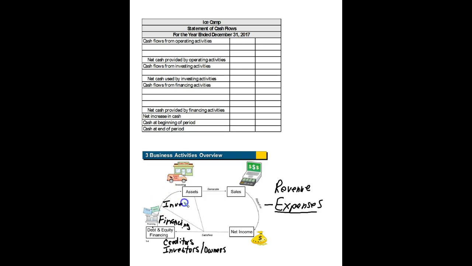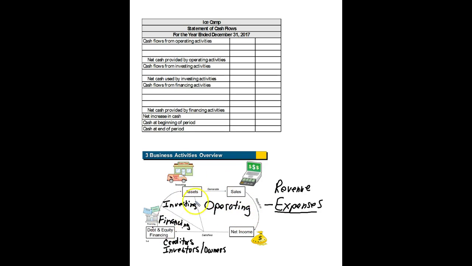So buying the assets is considered investing activity. But the core activity is over here, isn't it? It's selling the candy and incurring these expenses. The large activity of the business is in its operations. So all of this sales and incurring these expenses are operating activities.